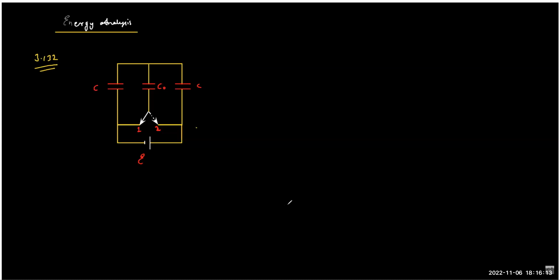The charge before and the charge after will reconfigure itself. So you're supposed to draw two circuits. One when the switch is at position 1, and if the switch is at position 2, the circuit will look like this.